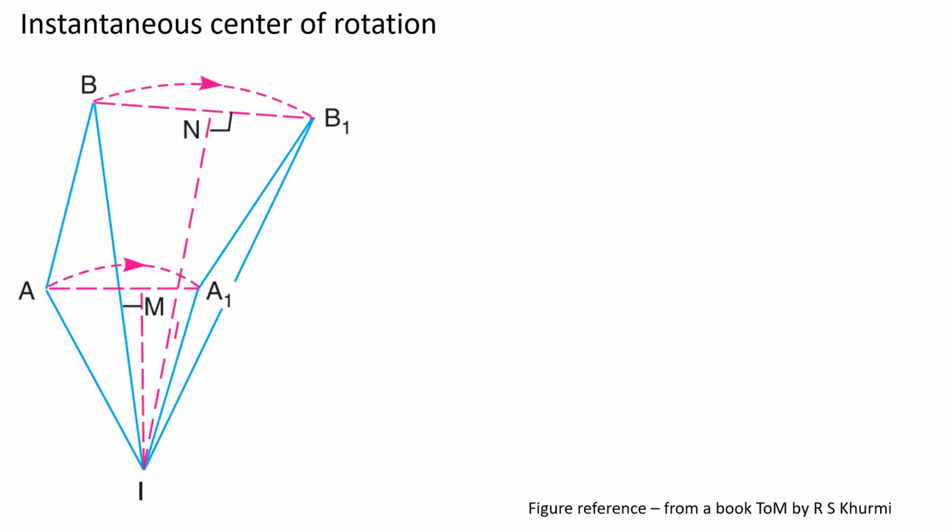Instantaneous center of rotation. The points A and B of the link has moved to A1 and B1 respectively under the motion of rotation as assumed above.